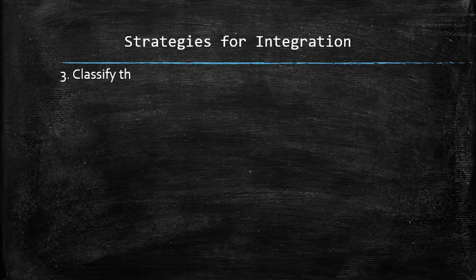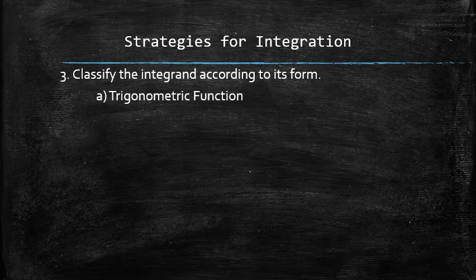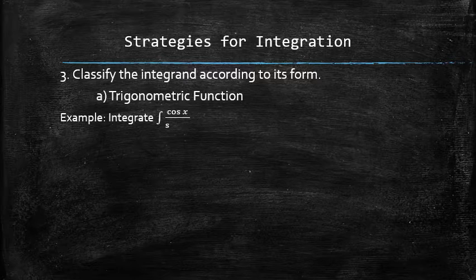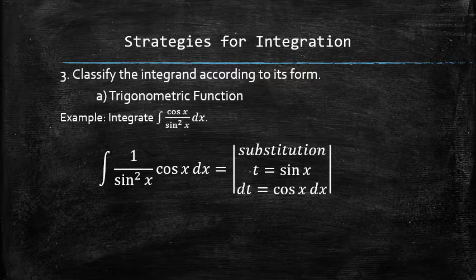One can also take a formal approach to integration and start the process by classifying the integrand. For example, we developed many different integration techniques for integrating trigonometric functions. In the following problem, we have a trigonometric function and we recognize an opportunity to implement the split and substitute technique by splitting away a cosine of x and then setting up the substitution by setting a new variable, let's say t equal to sine of x, and finding the differential of t.